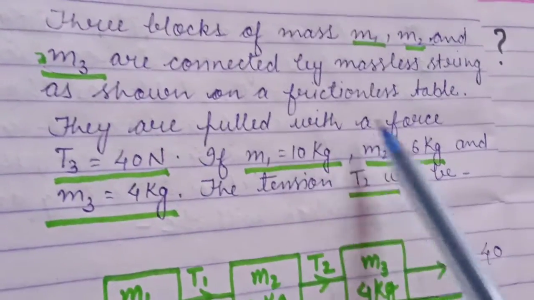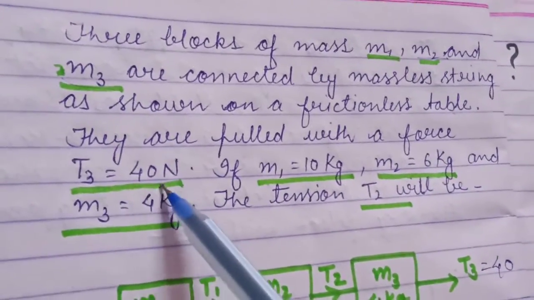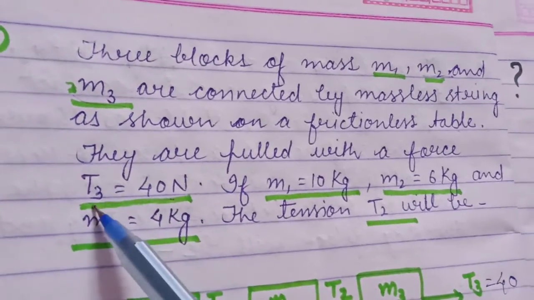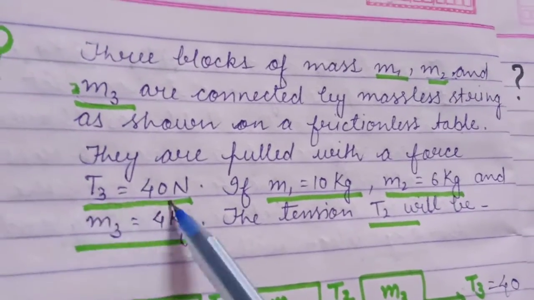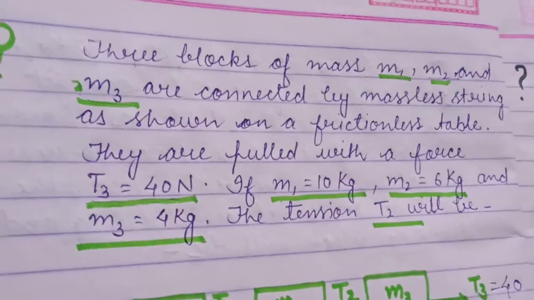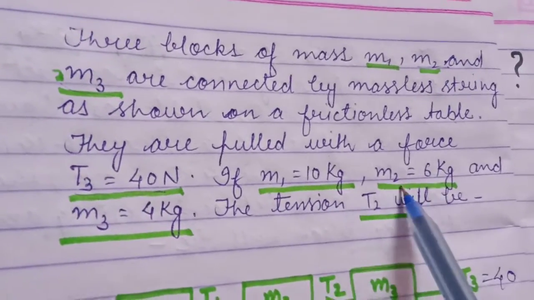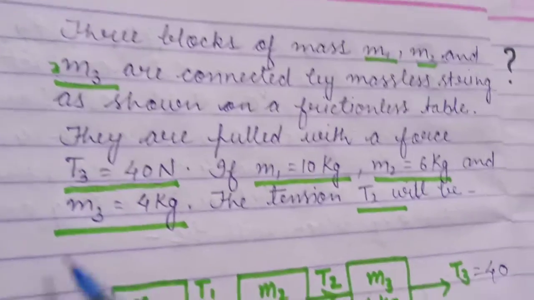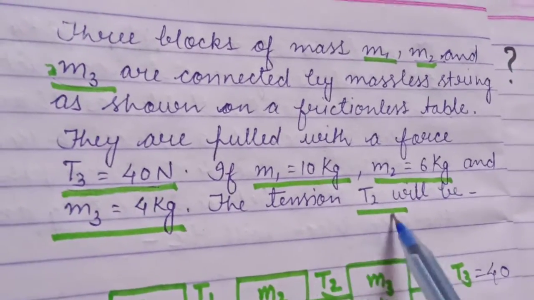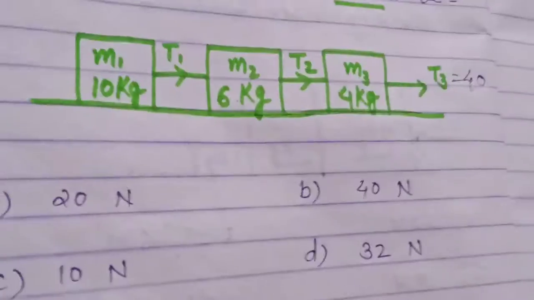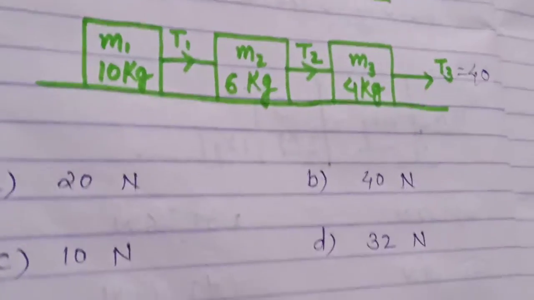They are pulled with a force T3 equal to 40 Newton. The force and the tension is T3. If M1 is equal to 10 kg, M2 is equal to 6 kg and M3 is equal to 4 kg, the tension T2 will be. That is the diagram and these are the options.